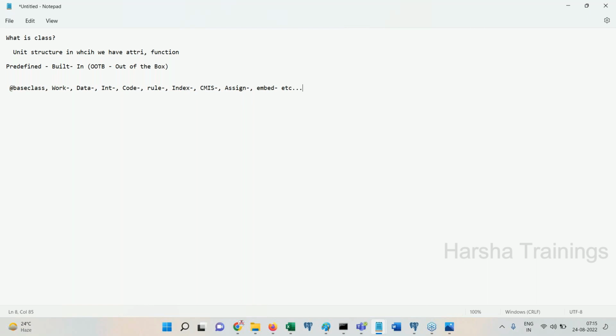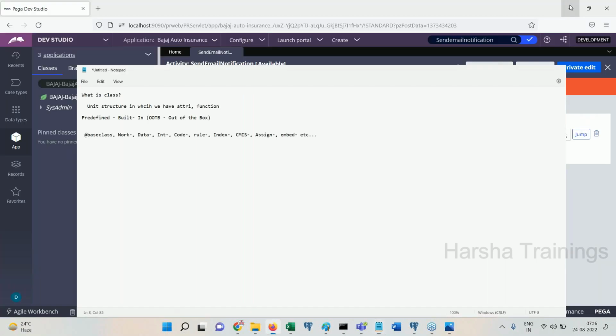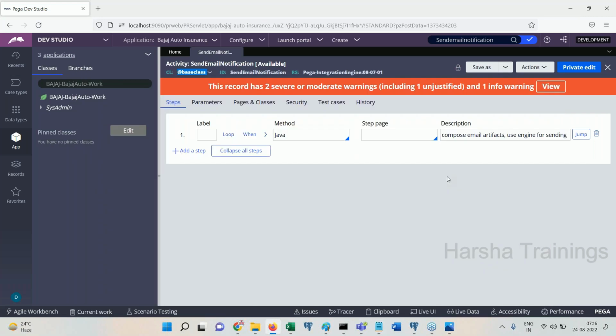Under this, there are so many classes. What are the different components that are available in these predefined classes? You will not be able to know in one day. On the same day, you will not be able to find out everything. It will take time. At the time when we practically work on everything, we will come across all of these classes for sure. So like this, all the predefined functionalities provided by Pega will be available inside predefined classes of Pega.